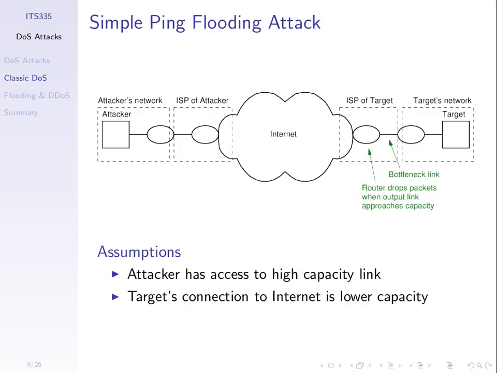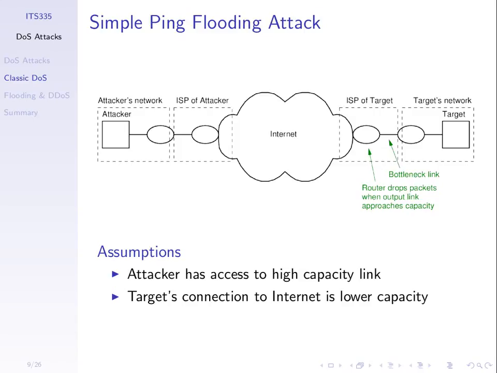And from the perspective of the network resources, if we send enough packets through this path from attacker through to target, then since this is the slowest link, as packets come into the ISP, into this link, this router will eventually have to drop those packets. Because if what's coming in exceeds what can be sent out by that router, then the router will need to drop or discard some of those packets, and that will be the form of the denial of service attack.